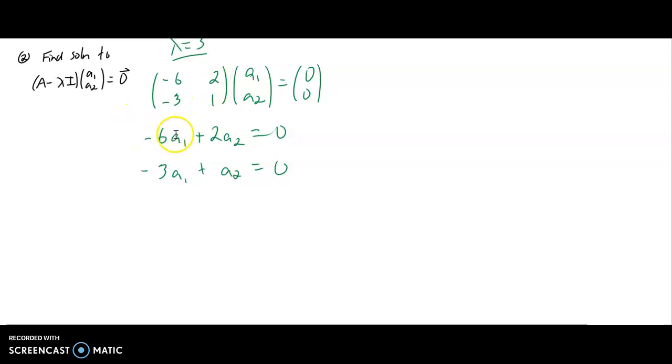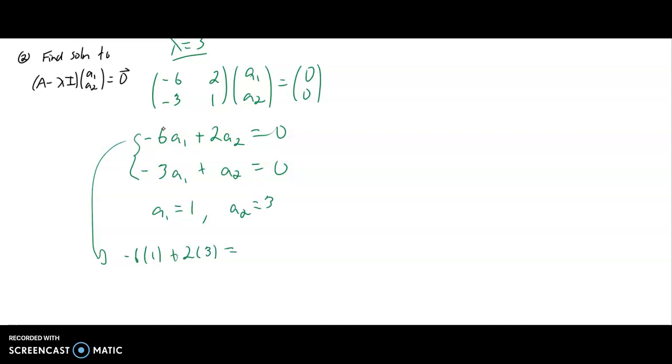Instead, what I want you to see is that if I take a1 equal to 1 and a2 equal to 3, then I get from this one right here, because it's a system, negative 6 times 1 plus 2 times 3.